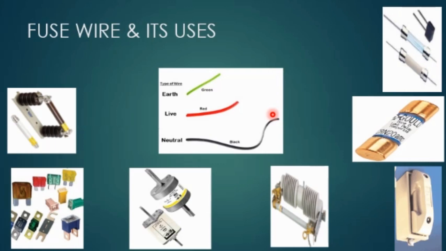The earth is connected to the ground, and due to a fault in the equipment, or if the plastic coating on the live wire and the neutral wire gives way, the two wires come in contact with each other, and a large current flows through them, producing heat. That is why the short circuit happens.